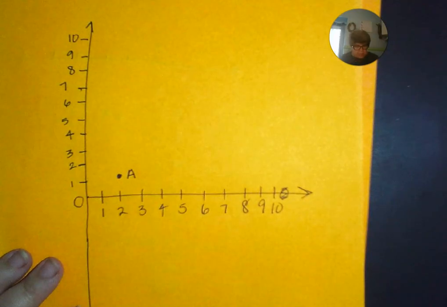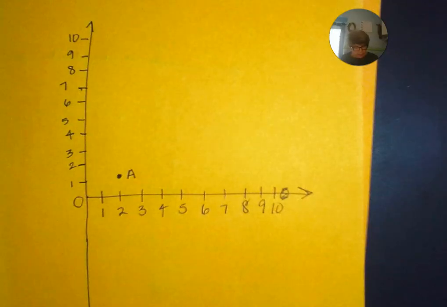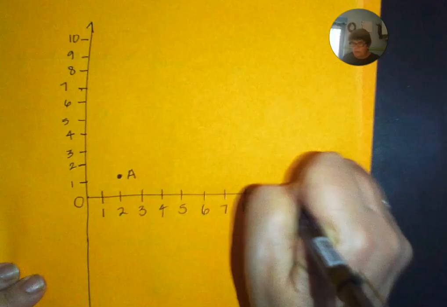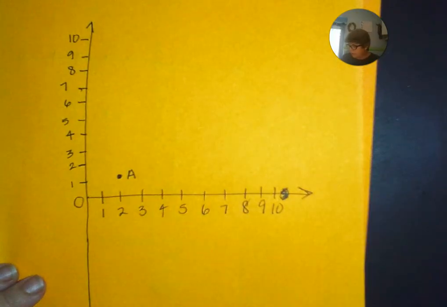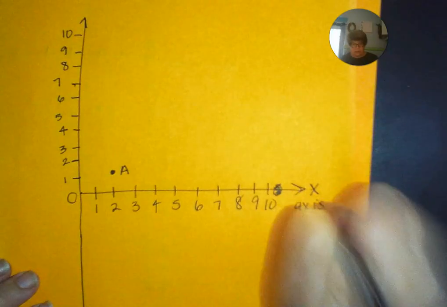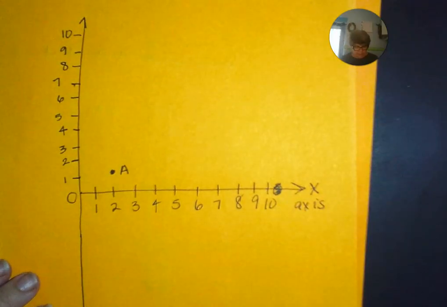All right, and now we can see that we have two number lines, and this horizontal number line, instead of only being called the horizontal number line, is also called the x-axis. Okay, that's the x-axis, and the coordinate for that part of the number line is going to be the x.